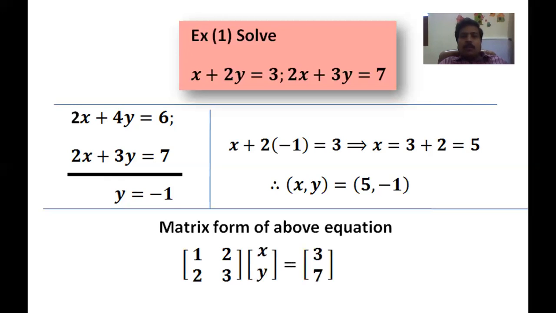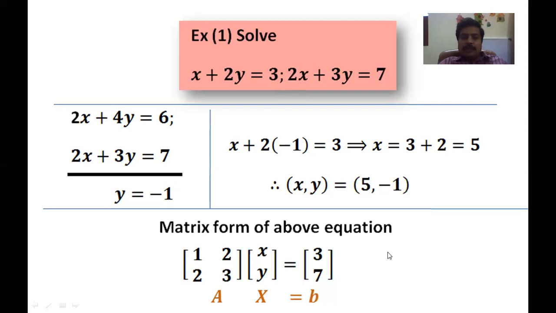So 1, 2 and 2, 3 is my A, and x y is the matrix of unknowns, that is equal to 3, 7, that is my vector B. So A is equal to 1, 2, 2, 3, x is equal to x y, and B is 3 and 7. So this is the matrix form of this equation.